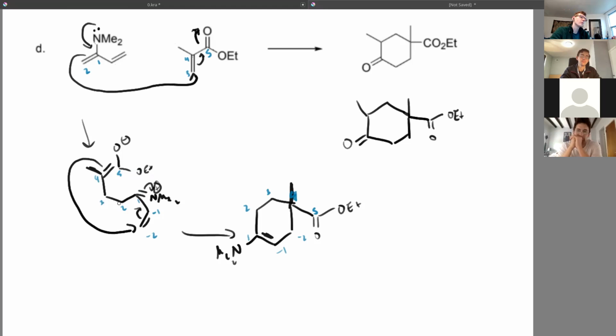We might have missed a carbon in this process here. Although we counted, so we definitely didn't. Yeah, because the only other carbons that we didn't number were -1 and -2 that we put in the next step.